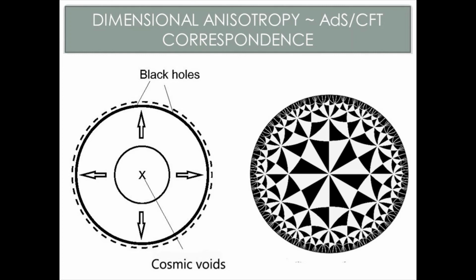This picture is surprisingly similar to the idea proposed by Maldacena in 1997, the anti-de Sitter conformal field theory correspondence, which shows that there is a hyperbolic geometry connected to a two-dimensional horizon.